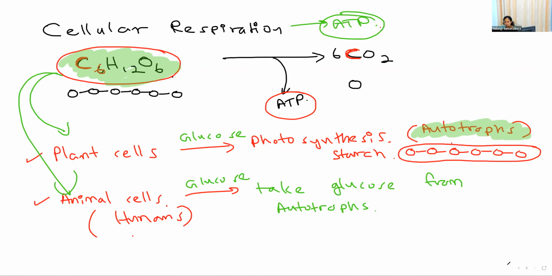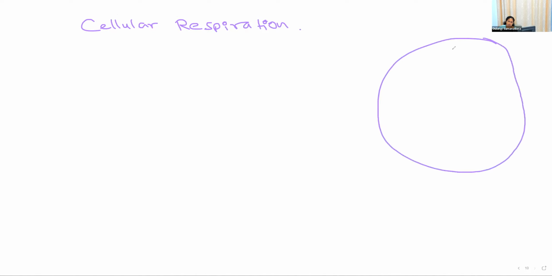Okay, let's do the 3 stages. You learned these 3 stages last year, exactly the same 3 stages. So I'm going to write down the 3 stages now. Can you draw a big cell with the mitochondrion?